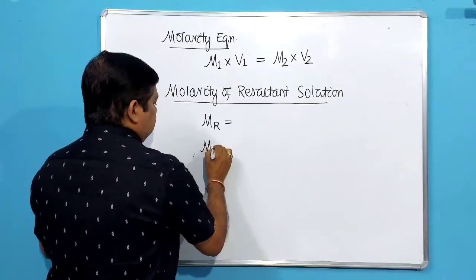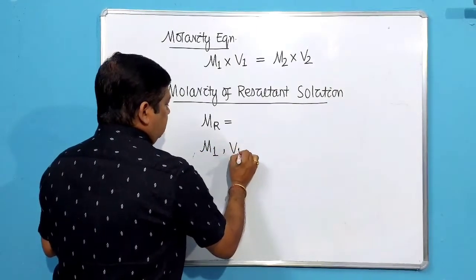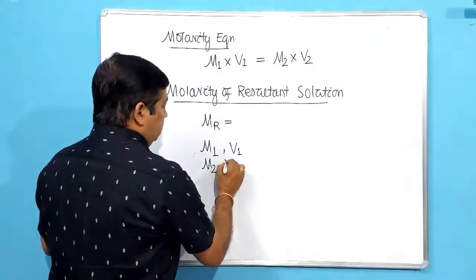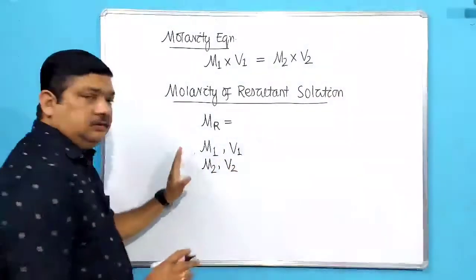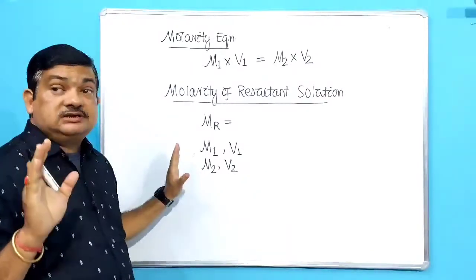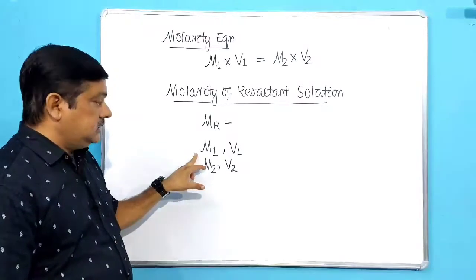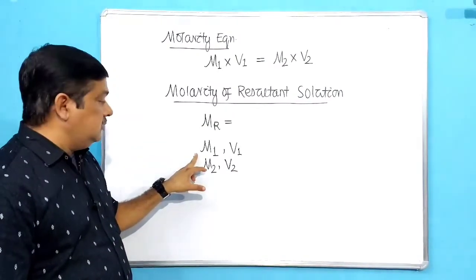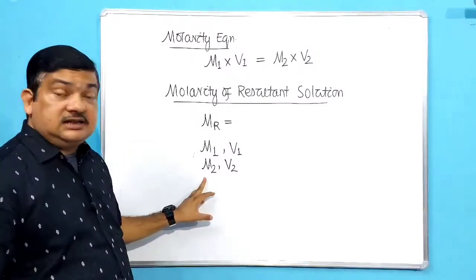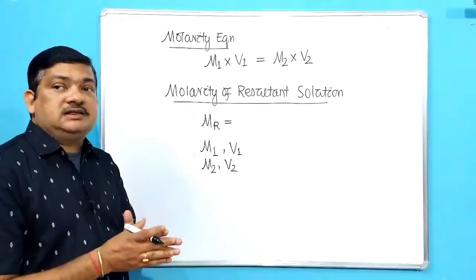Suppose we take a solution of molarity M1 with volume V1 and another solution of molarity M2 with volume V2. Remember, this is applicable only when the solute is the same. For the same solute, we take one solution of molarity M1, volume V1, and another solution of molarity M2, volume V2. Suppose we add them.